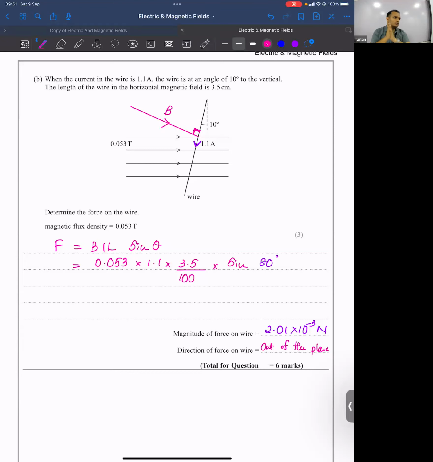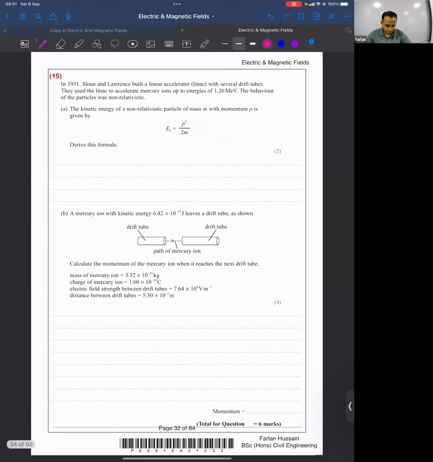So I would mention out of the plane to be on the safe side.